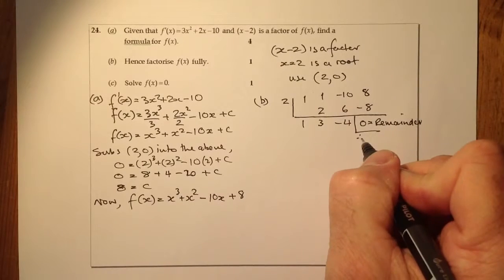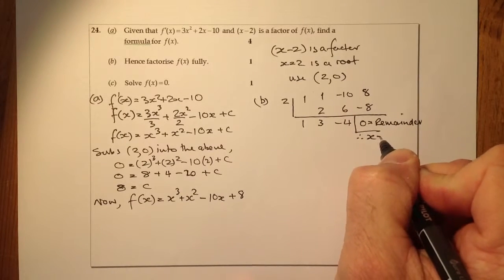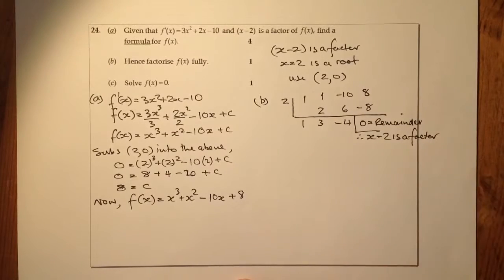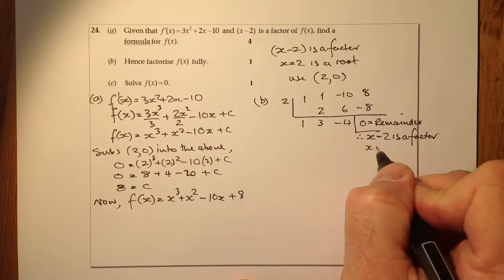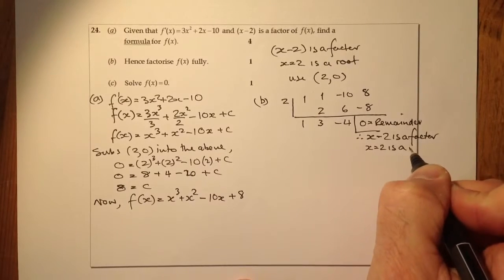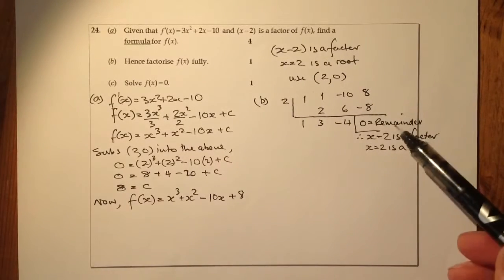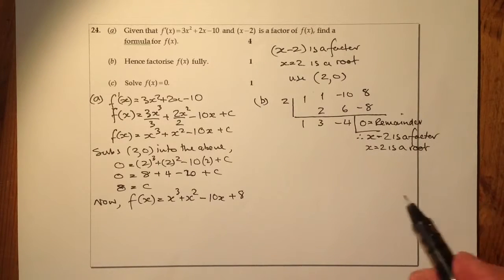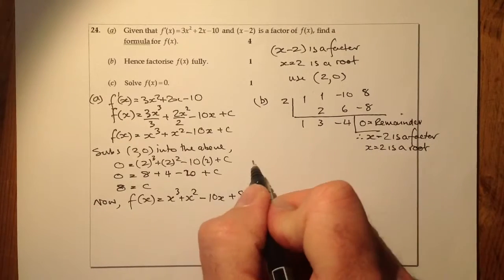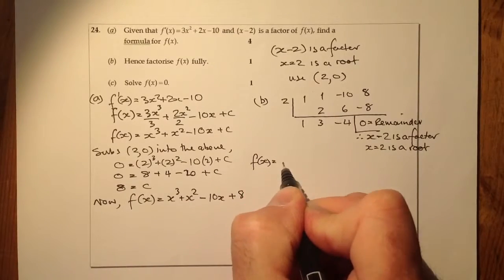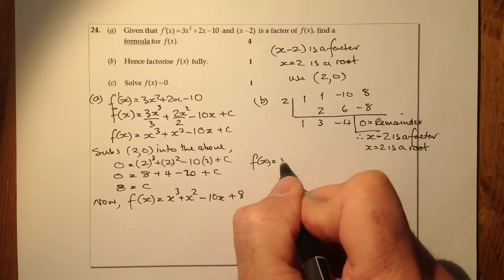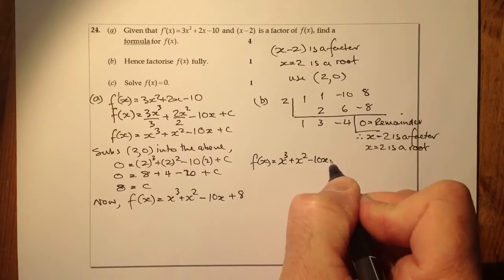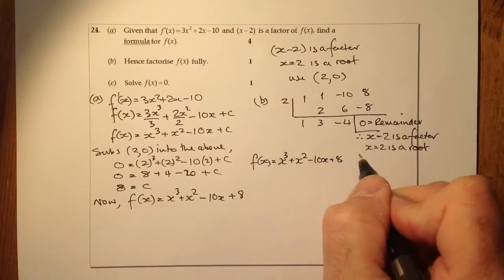From there I can then say that therefore x minus 2 is a factor. And what I can also say is x equals 2 is a root. As soon as I get my remainder equal to 0, I can state that. From there, I'll start with what we began with on the equation here, the formula.